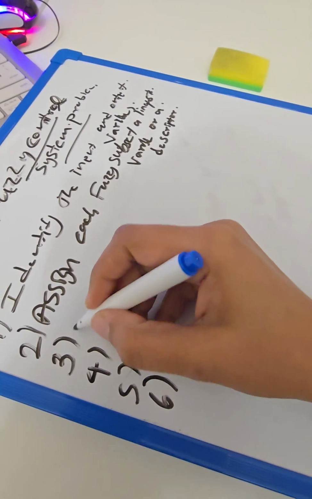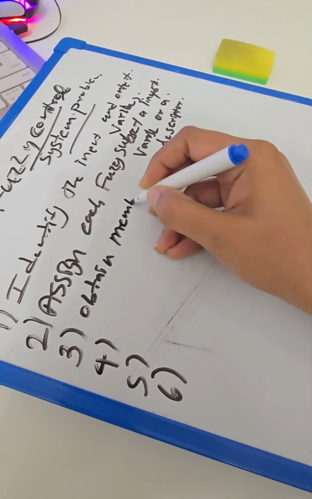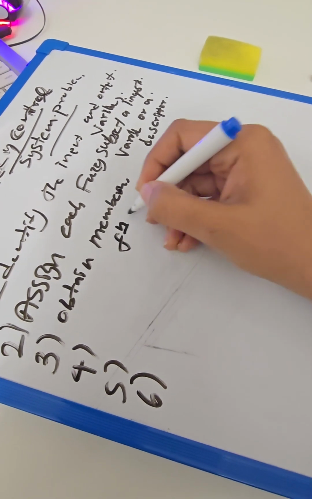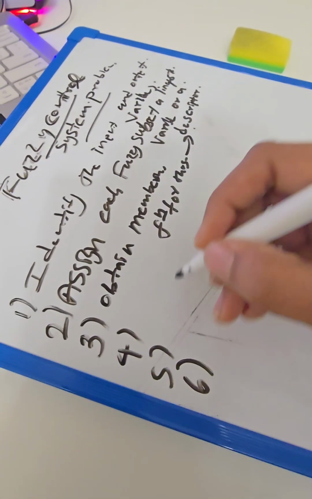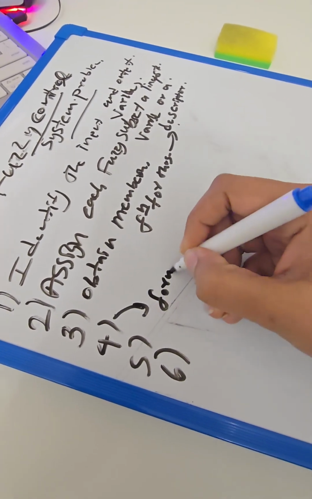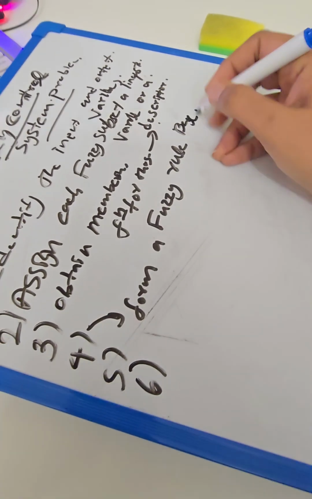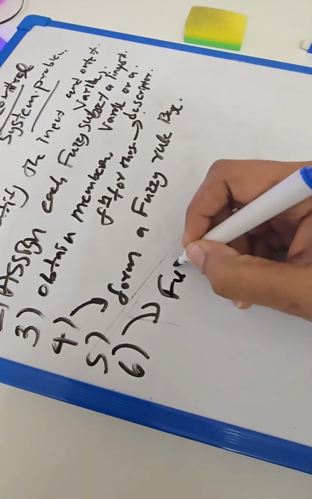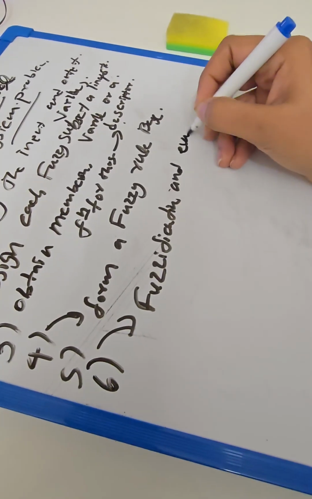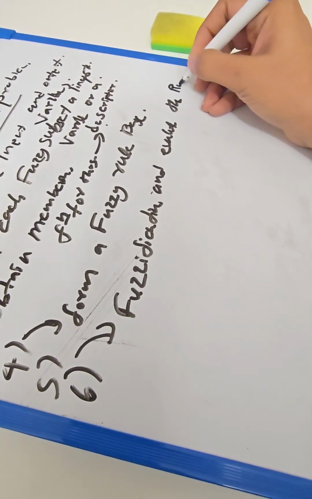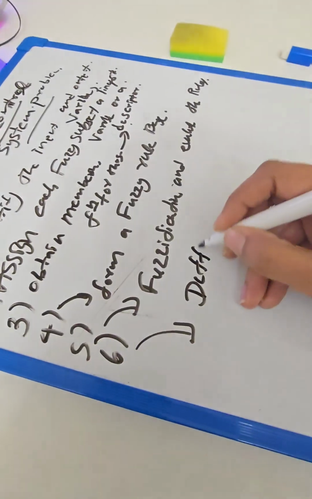And the third one is we should obtain membership function for those descriptors. And the fourth one is we have to form a fuzzy rule base. And the fifth one is we are doing fuzzification and evaluate the rules which we made. And the sixth one, the final step, is defuzzification.